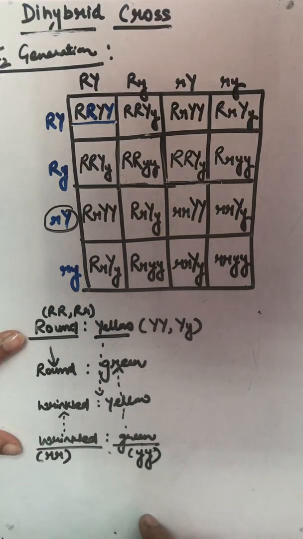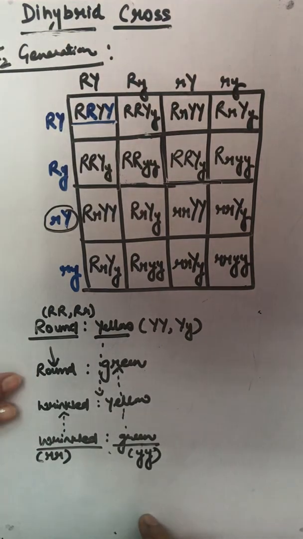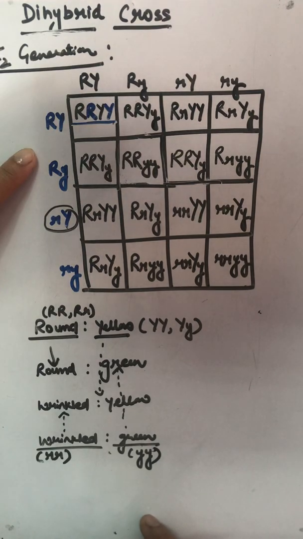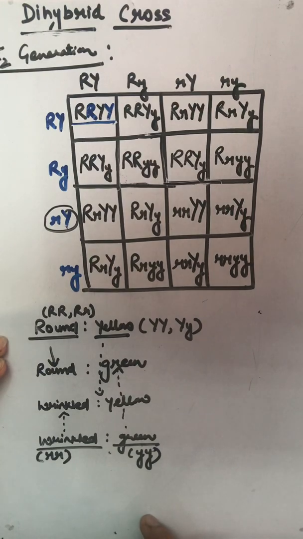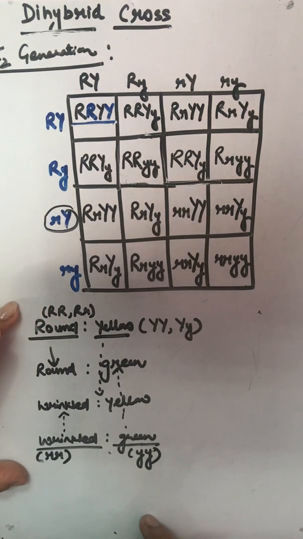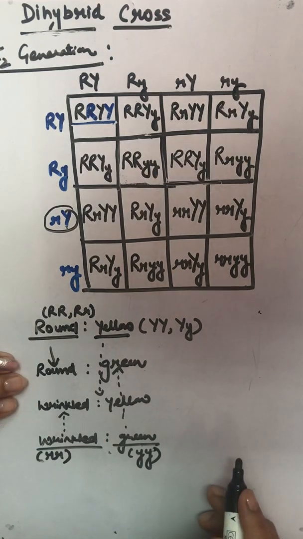These two are parental traits and these two are new traits, and there is a possibility that the parental traits and the new traits will exhibit themselves in the F2 generation. This is the dihybrid cross, where each pair is expressing itself independent of its own pair. Therefore, new combinations are welcomed. Let's find out how many new combinations are formed and in what manner.